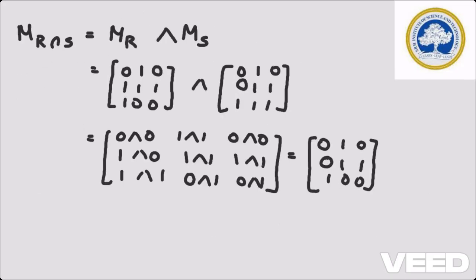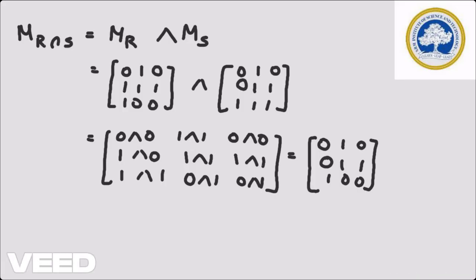In the same way, we can find out the matrix representation of R intersection S. It is nothing but the meet of the two matrix representations. We will find out the meet of the corresponding elements. A11 is 0 here, A11 is also 0 in MS. So we'll find out the meet 0 and 0. 0 and 0 is 0.